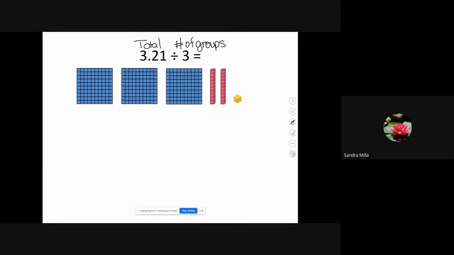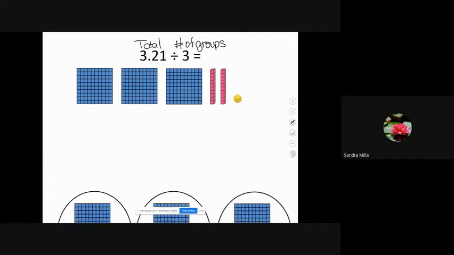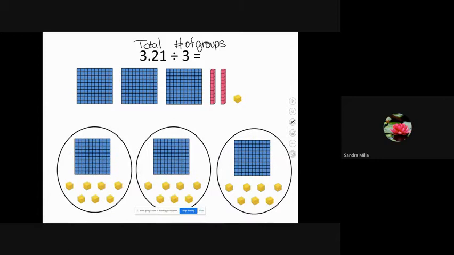So representing 3 21 hundredths right here with 3 wholes, 2 tenths, and 1 hundredth, and we are separating that into 3 different groups. What I notice is that I can separate my 3 wholes into 3 different groups by placing 1 in each group, but I have to do something with these tenths here.